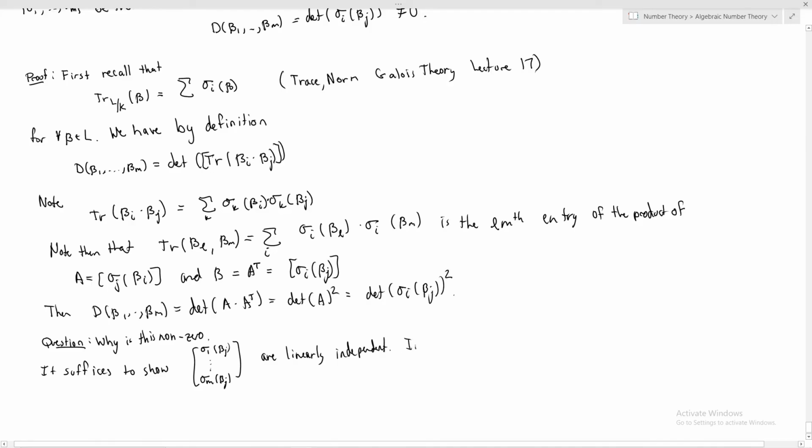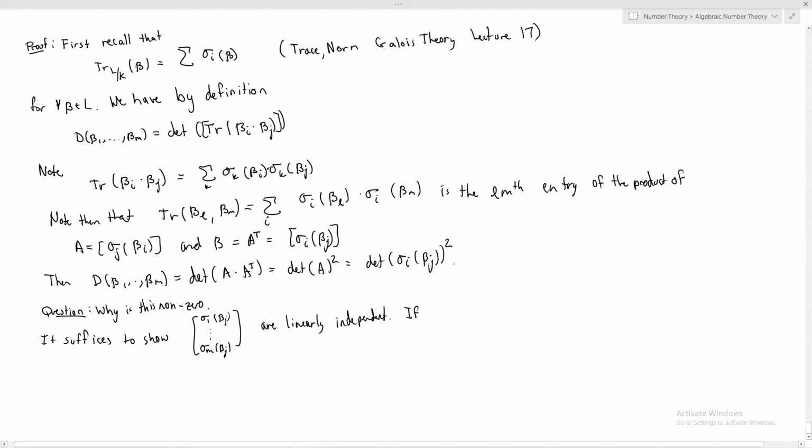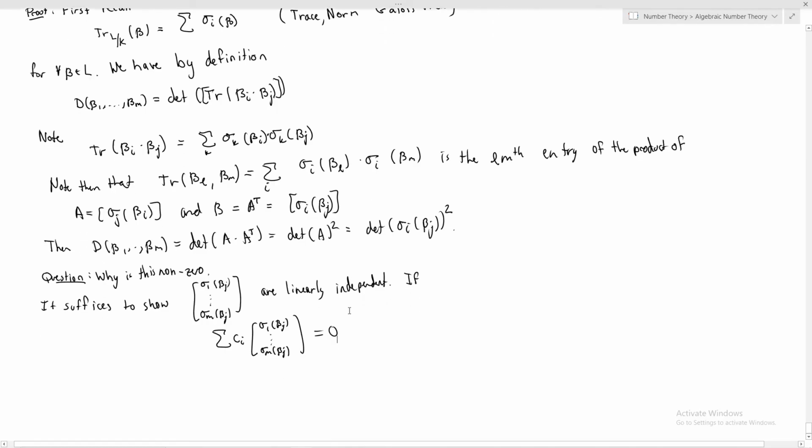Basically, if there's some linear combination which equals 0, let's add some c sub j times sigma 1 beta j through sigma m beta j, and say this equals 0.